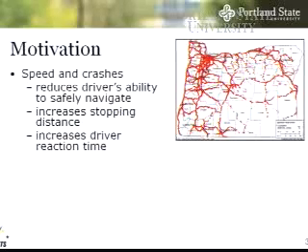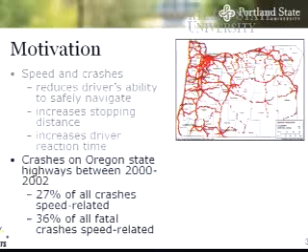The map on the left, while you can't exactly read all of the locations, you get the idea. Those red triangles are all 3 years worth of crashes that had a speed-related component in one of their error causes. So the idea for this project is we were looking at speed crashes, and we wanted to dig a little bit deeper into some of the other covariates that may be related to speed crashes.